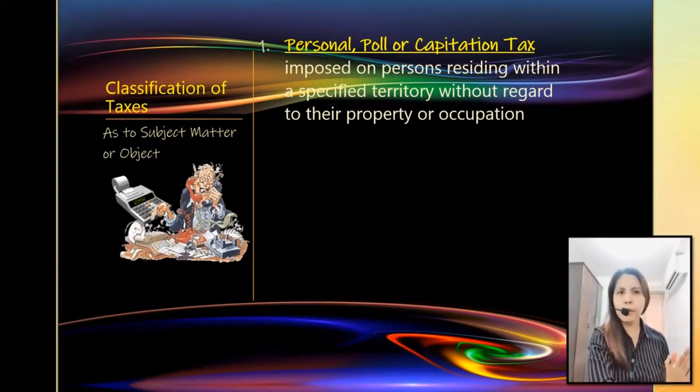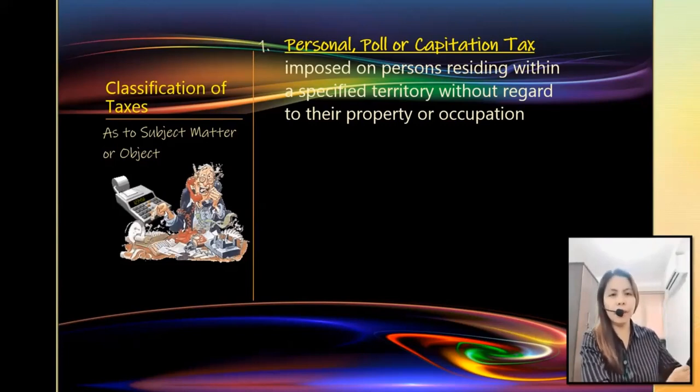An example for this, and as I mentioned in our previous lecture, poll capitation, previously cedula. The classical example for this is the community tax. When you pay the community tax, you will be issued community tax certificate as proof of payment.